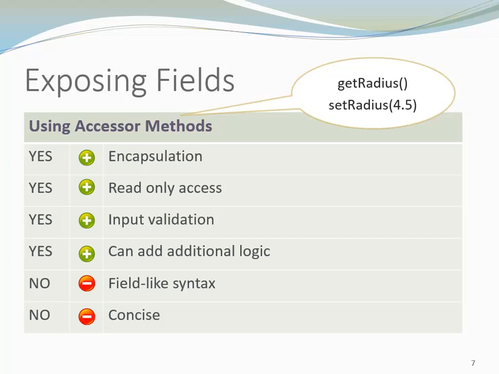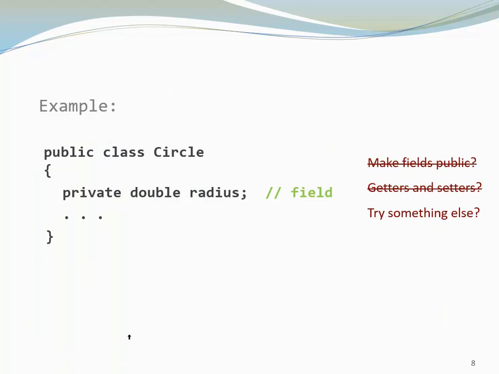And when I look at the same pros and cons, I can see they totally swapped. At this point, I have all the advantages of using methods, but I lost my concise field-like syntax. Couldn't we just find something that gives us both the great advantages of using methods and the beautiful, concise, field-like access?